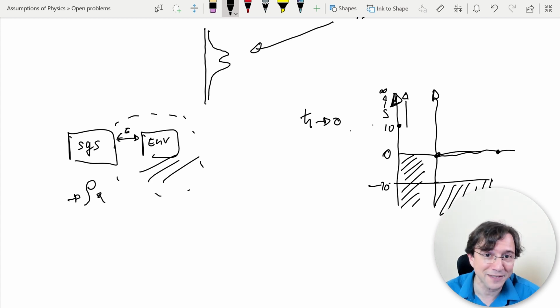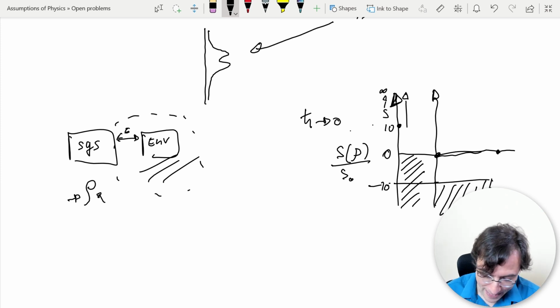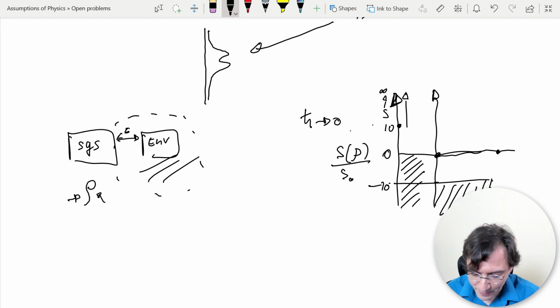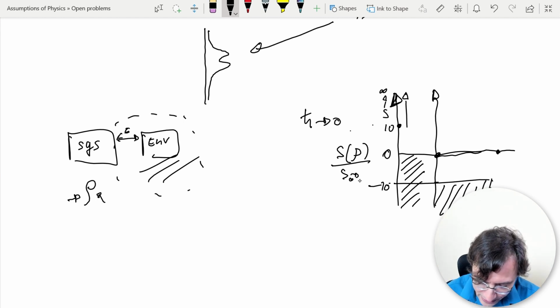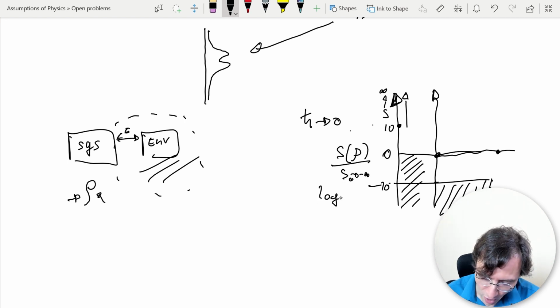And so the idea is that maybe we can rephrase all those mathematical results instead of saying that we have an actual constant that goes to 0. We are going to have the entropy of the state that we're interested in and the entropy of the pure state, and we have a ratio between the two. And what's happening is that the part underneath here is going to minus infinity, right? So this part here is the part that is going to minus infinity, and if there is a log here, there is going to be a log of some ratio of the part that is relative to the entropy of rho.